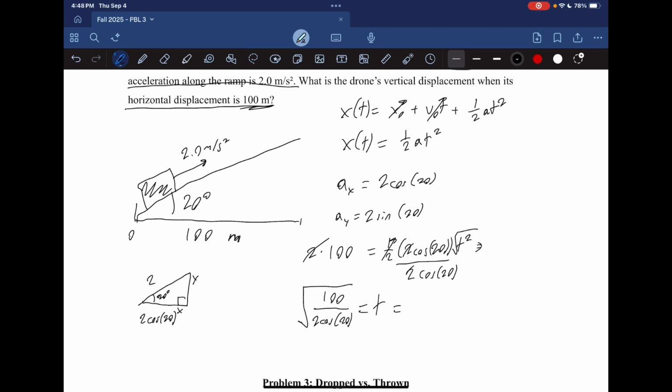Let me plug that into the calculator real quick. So we would do 100 divided by 2 times cosine of 20, and then take the square root of that. And we end up with 7.29.